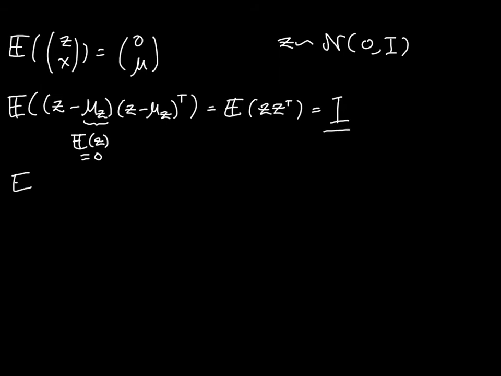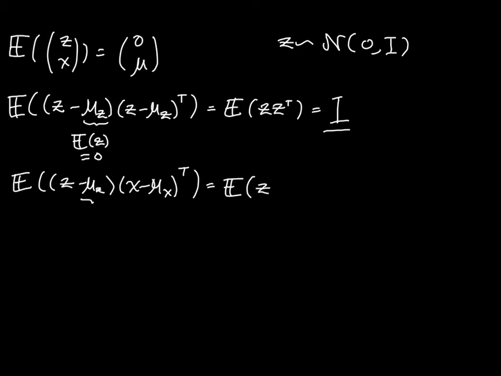And now we want to know the covariance between z and x. So z minus mu z, x minus mu x transpose. And this we expand out, and we get the expectation of z.